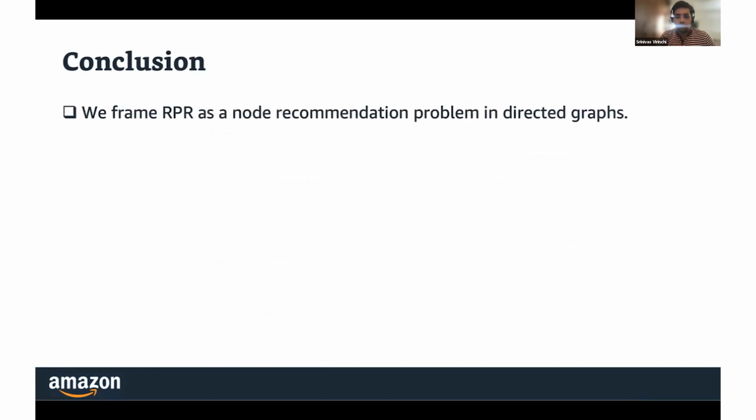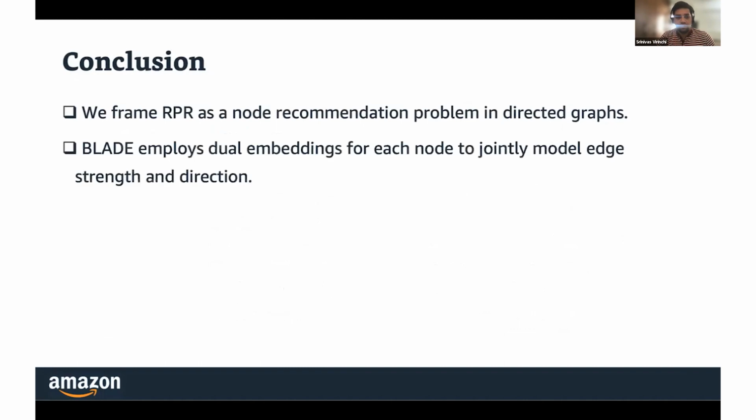So I want to conclude by saying that the product recommendation problem, which is core to any e-commerce setting, we framed our application as a node recommendation problem in directed graphs. And in order to handle modeling edge strength and direction, we used dual embeddings.